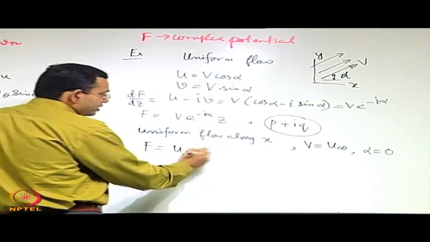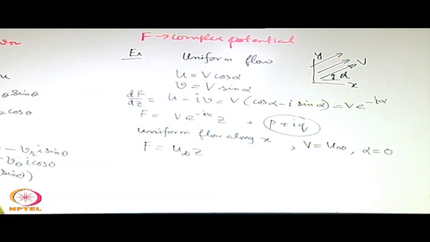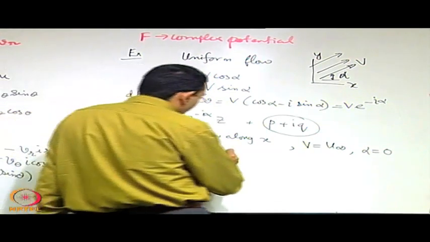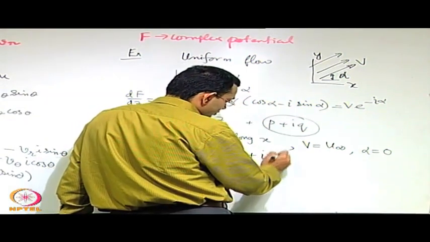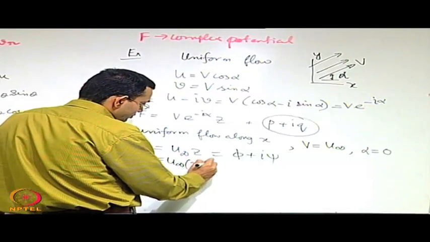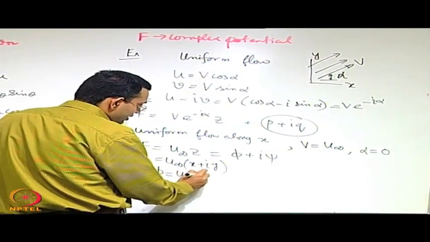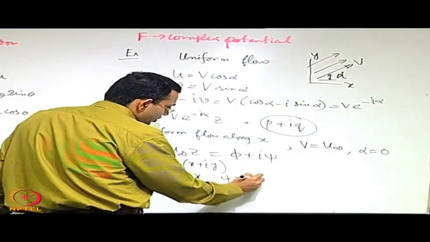U infinity into z, right. Now this is phi plus i psi, right, z is x plus iy. So phi is U infinity x, psi is U infinity y.